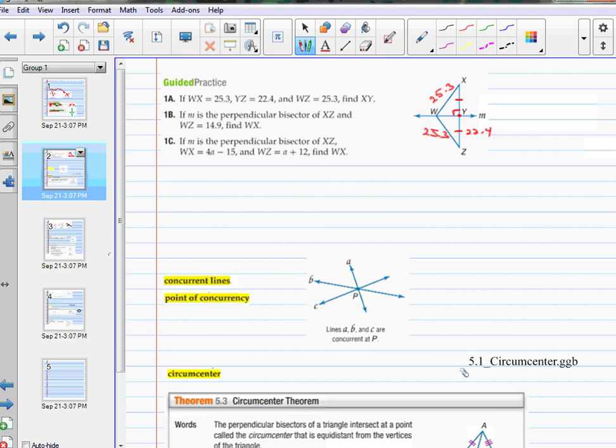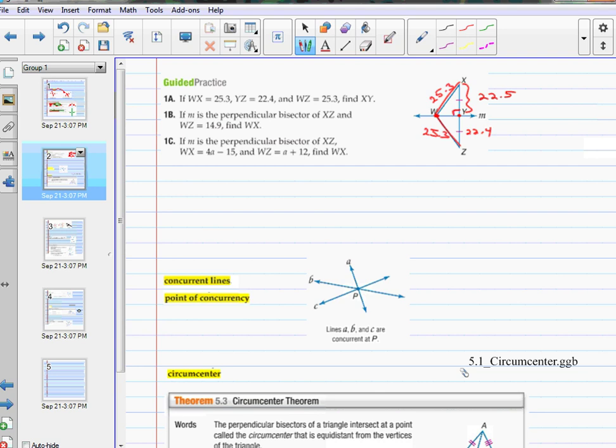They want us to find XY. 22.4. I hope you have no trouble with that one. Now, the problem with what they did was what they do far too often, they put those little red marks there before they should. What they told us on this one is that W was equidistant from the endpoints by telling us they were both 25.3, which leads us to know it must be a perpendicular bisector.